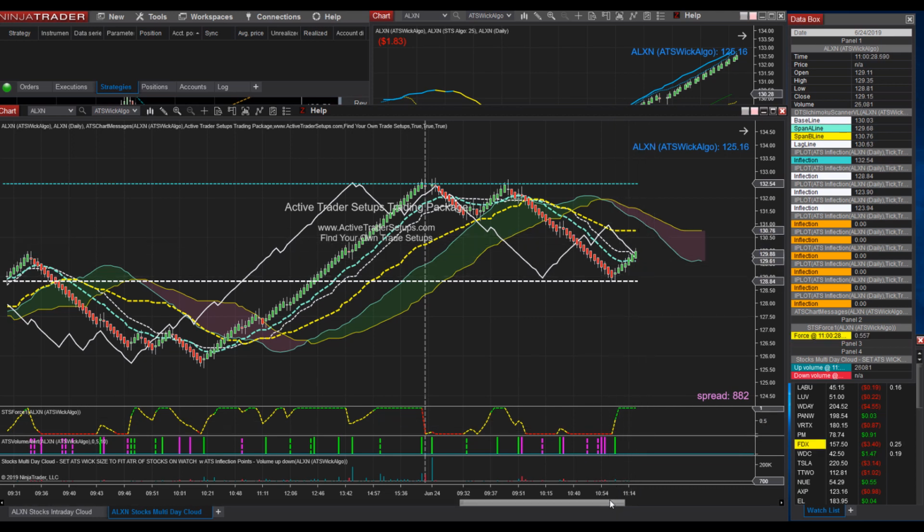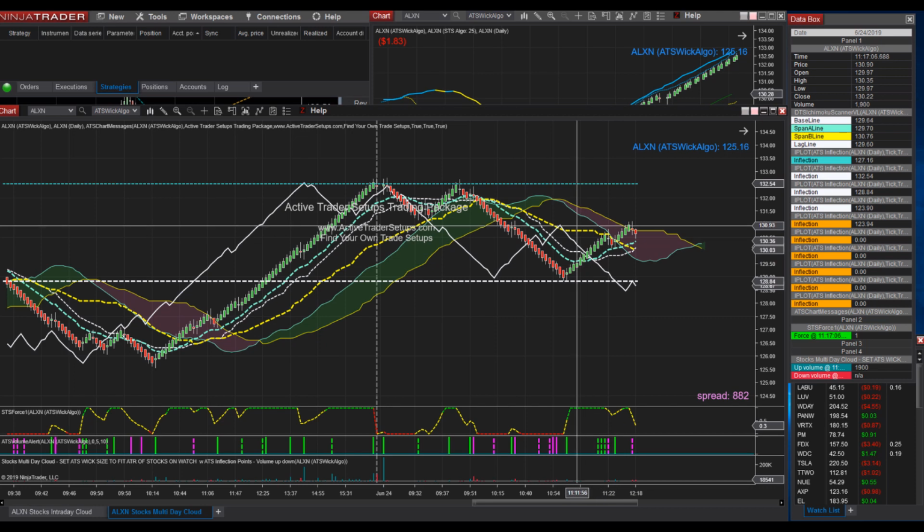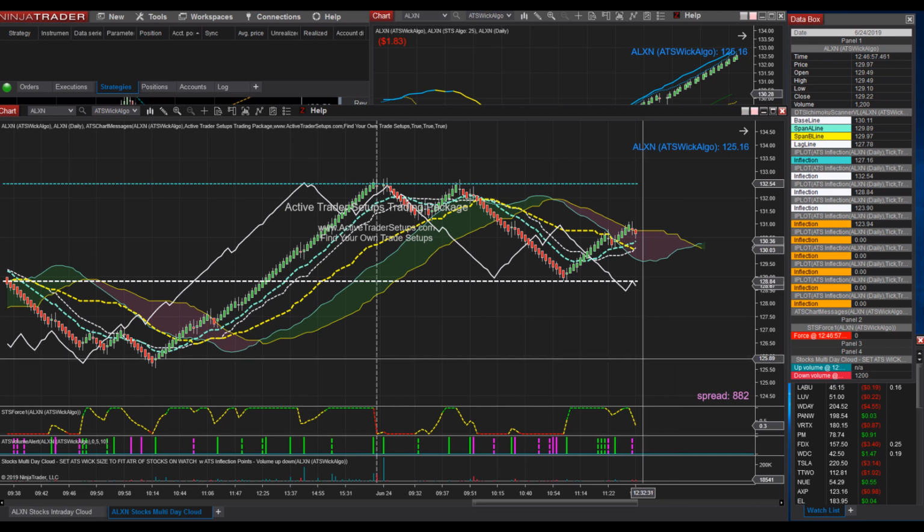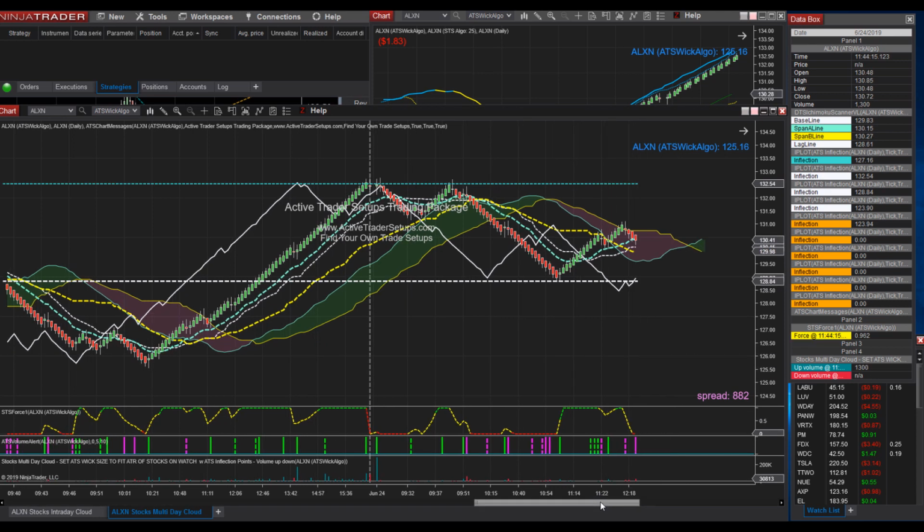Now we got a bounce going here. We hit our cloud level, which is out here. That's what that yellow line is. We got this little jumping around here. It only pulled back to the blue, which was this right here at the time. Got back up to the cloud again. Does not break out. And now look, this pullback is not just a slight little pullback like we had here.